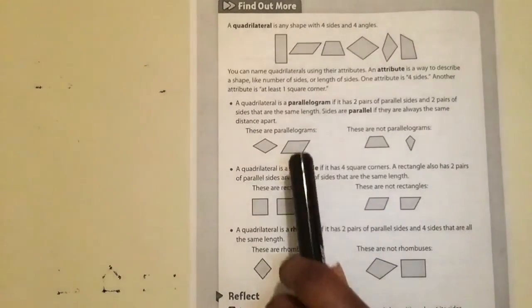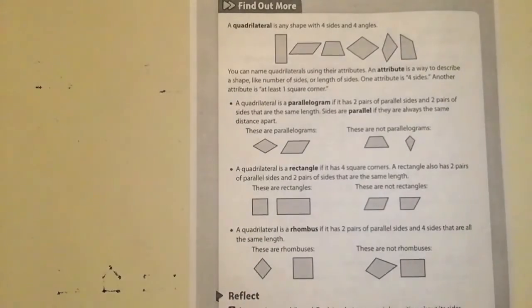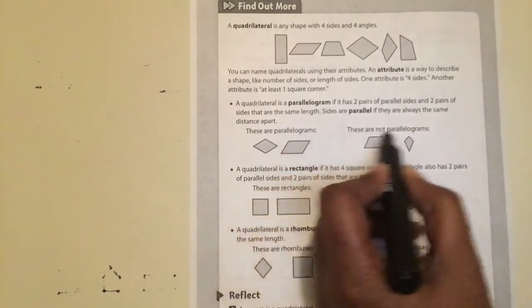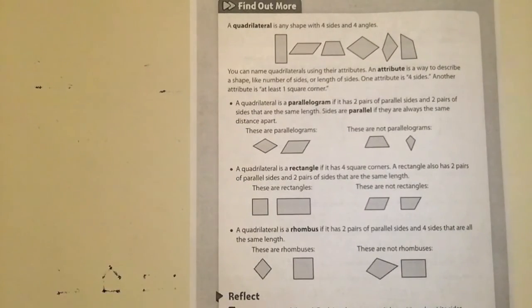I noticed that this side is parallel, the bottom is parallel to the top one. If I kept drawing those lines, and if I just extended this line and that bottom line, they would never touch. They are the same distance apart. That's what it means to be parallel. If you kept drawing those lines, y'all, they won't ever touch.